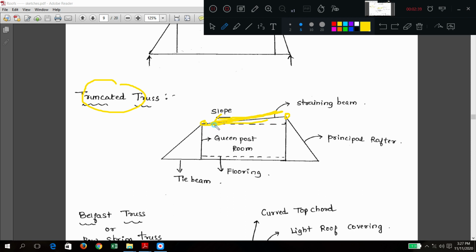It is given a gentle slope on one side. That is why we call it a truncated truss. Generally it has two queen posts, so there will be room inside.